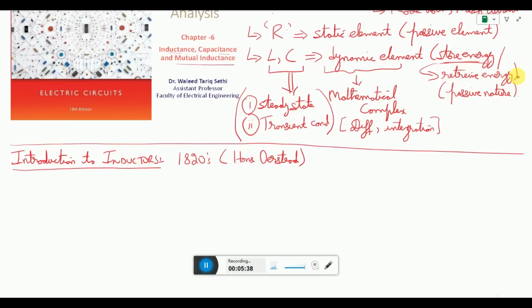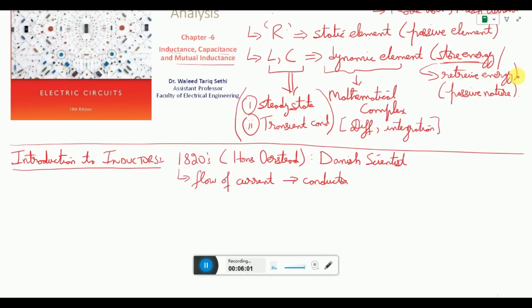So it was the era 1820 where a Danish scientist, Hans Ørsted, was basically studying the flow of current in conductors.